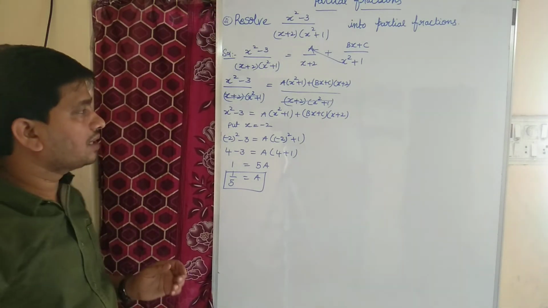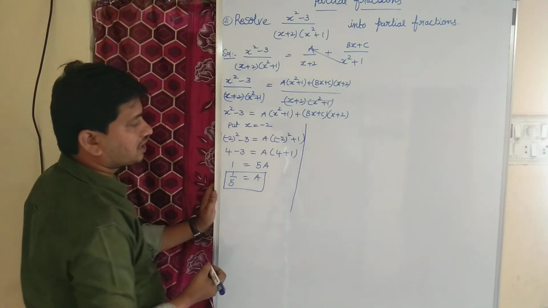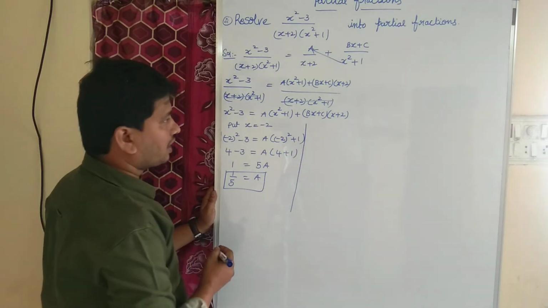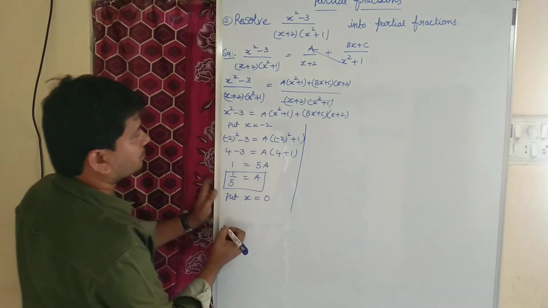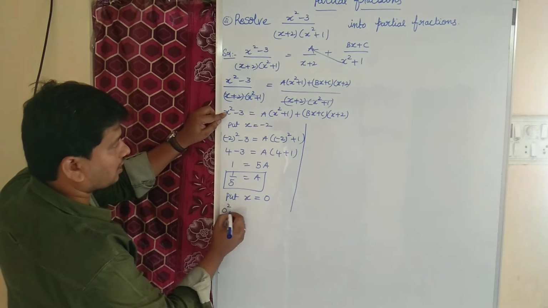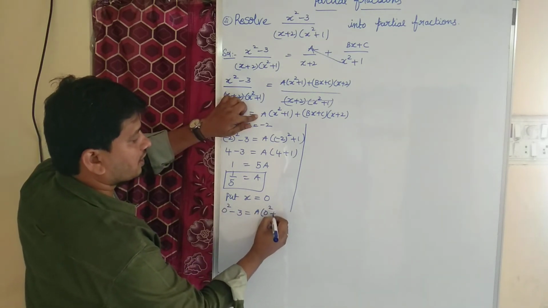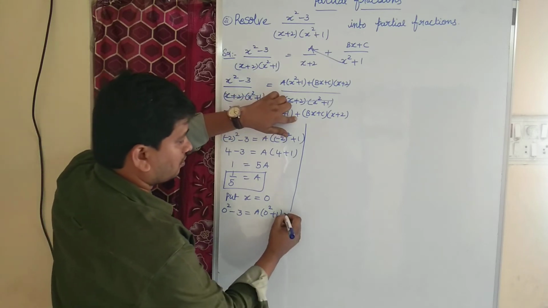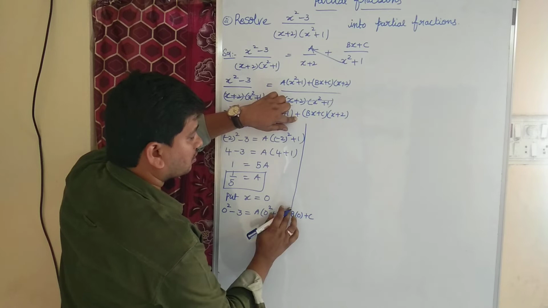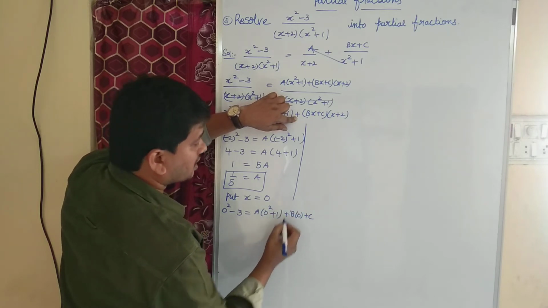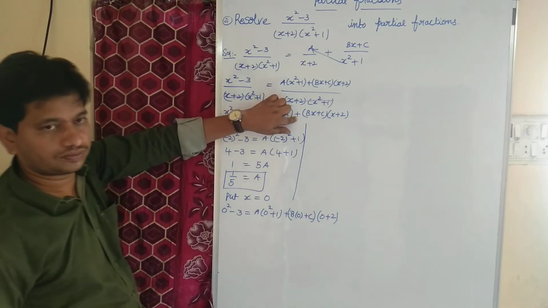Now again the same method. If I substitute in the place of x, if I put x equal to 0, what will I get? Let me put x equal to 0. 0 square minus 3 equal to a into 0 square plus 1 plus b into 0 plus c into 0 plus 2.